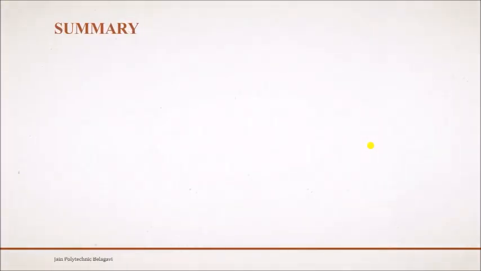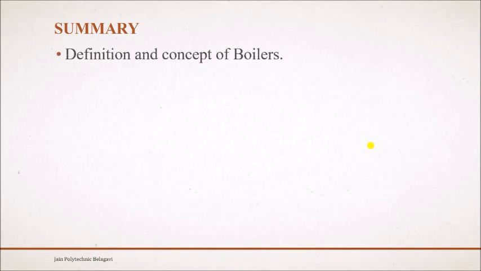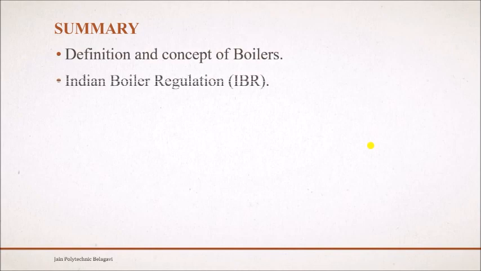In this video we have covered the definition and concept of the boiler: what a boiler is and why it is used. Then we went through the Indian Boiler Regulation, and why it was formed: to take care of boiler manufacturing companies so that the boilers work in very good condition.